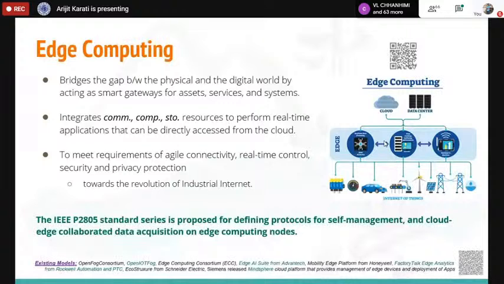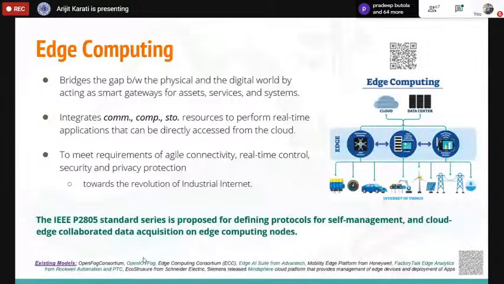There are several kinds of mechanisms, and there are several existing models in the market based on the concept of edge computing, like OpenFog Constellation, Open IoT Fog, Edge Computing Constellation, and Edge AI Suite for Advantage. All these techniques address the data latency, how they have improved the data speed, and how much time it takes to download the data with the help of edge computing.